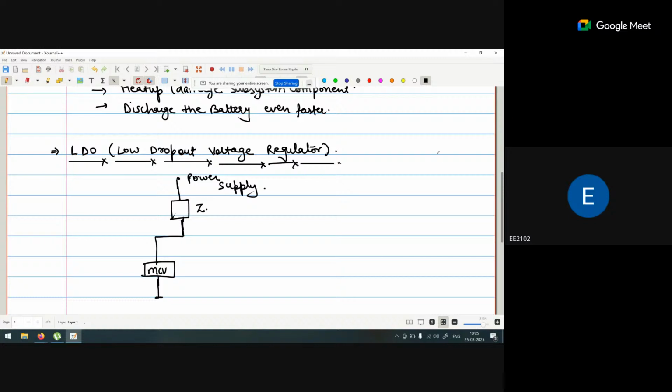Okay, heart of the system. Basically the controller of the system.